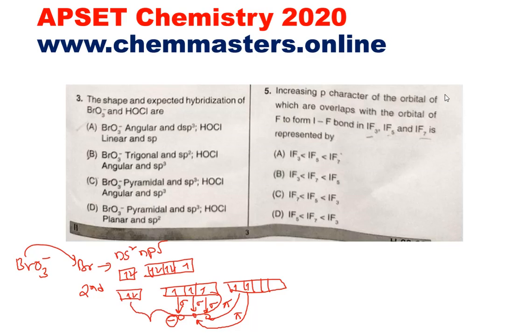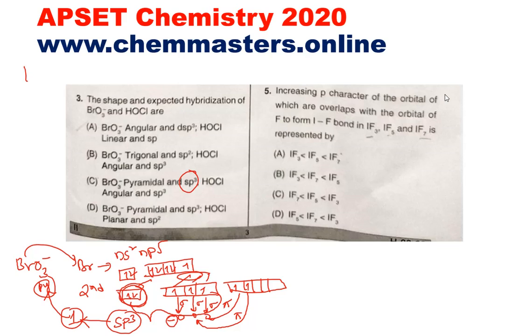In this case, 1 s orbital and 3 p orbitals are involved in hybridization, or in the making of sigma bonds. That's why BrO3 minus is sp3 hybridized, where it is having one lone pair. So sp3 hybridization with one lone pair is expected to be pyramidal. So BrO3 minus is pyramidal with sp3 hybridization.